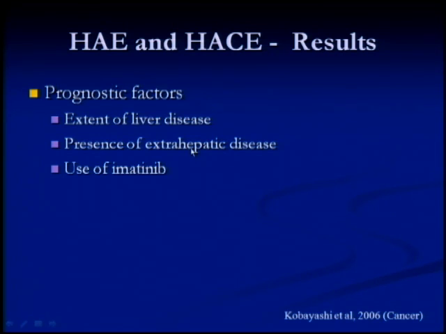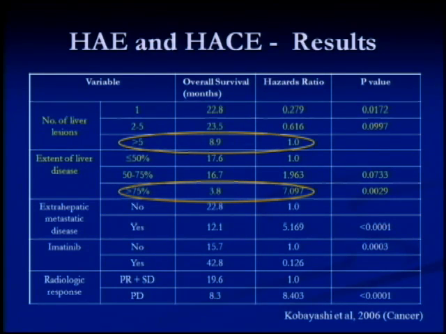So when we looked at our own data, we also looked at the factors that affect the survival or the response, because this is very important to know so we can select the patients who are most likely to benefit from these procedures. Some of the factors we found to have a prognostic value on response and survival: this is survival data, and you see if you have up to 5 lesions, we get overall survival in the range of 22 to 24 months after chemoembolization.